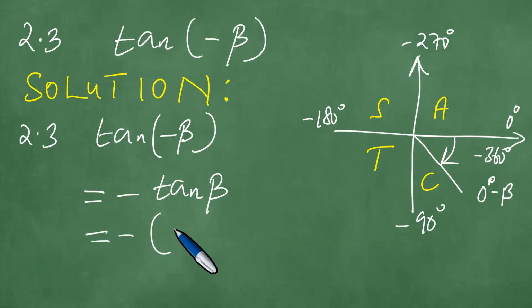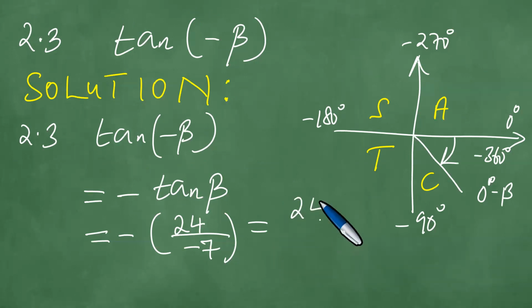So this is actually 24 over minus 7. Right. And now if you multiply everything here, it is 24 out of 7. Okay, next question. At this point now we want to find something else.